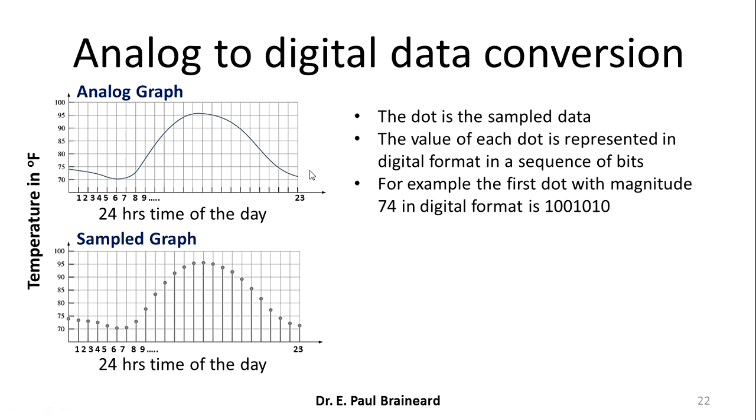Now if you were to convert this into digital format, in fact there are millions of points that you can get within this graph. So what we do is we sample it. Let me give a simple illustration of a sample.